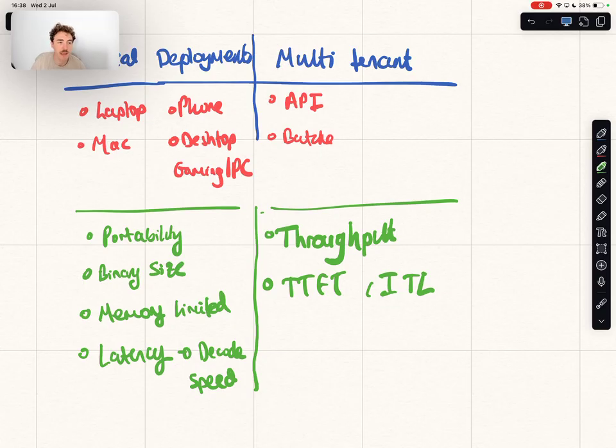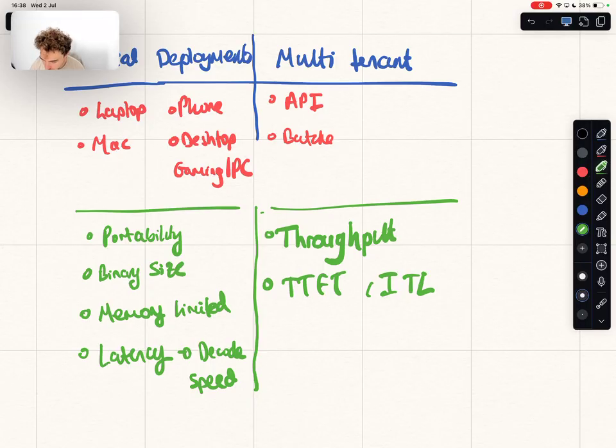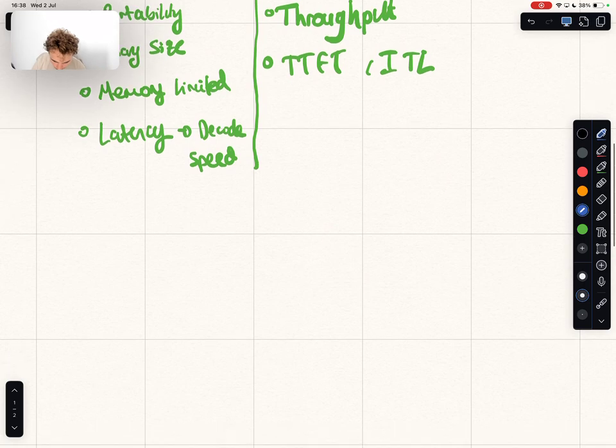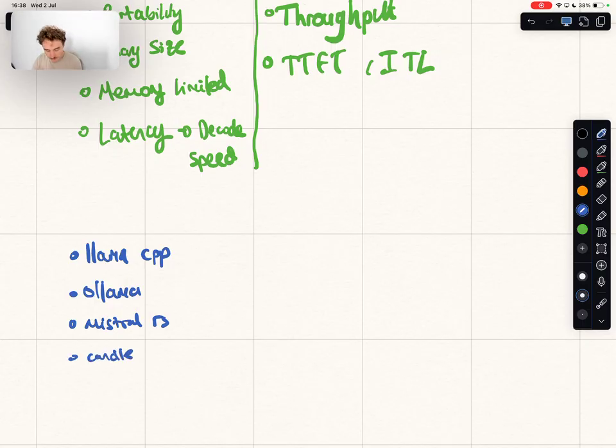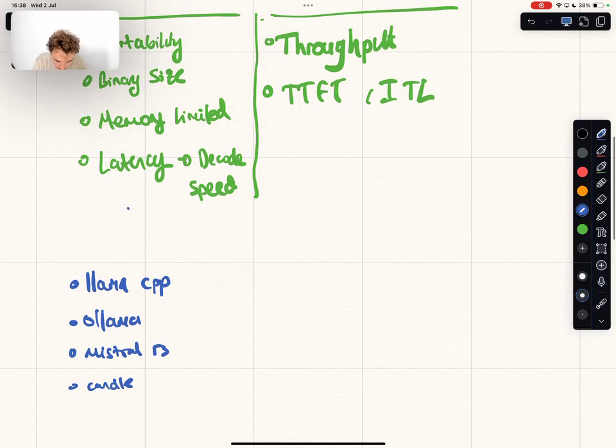Let's now discuss some of the common inference engines that you see in each of these categories and how they go about optimizing for these trade-offs. In the left category, we're going to include things like Llama.cpp, or Ollama, which I think is based on Llama.cpp. There's a few others, for example, Mistral.rs, and projects built on Candle, maintained by Hugging Face. These are inference engines that optimize for these metrics.